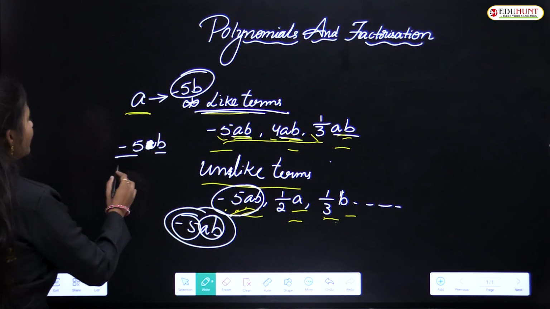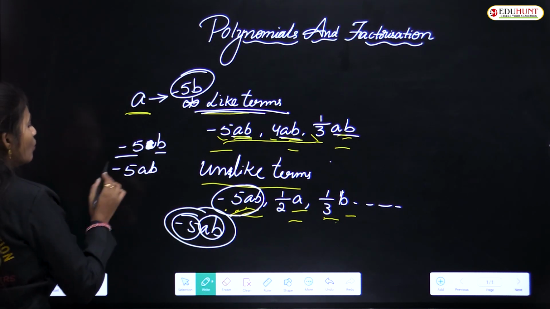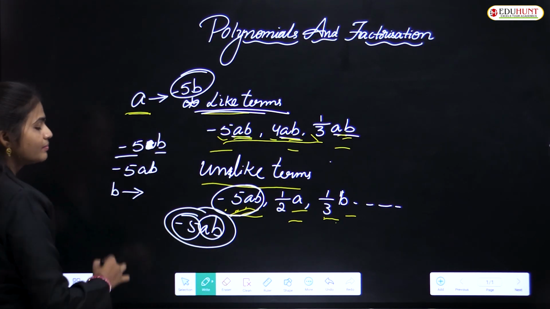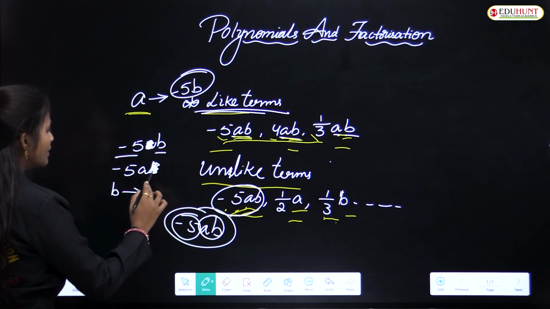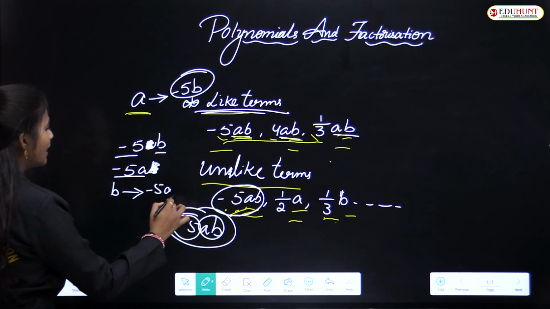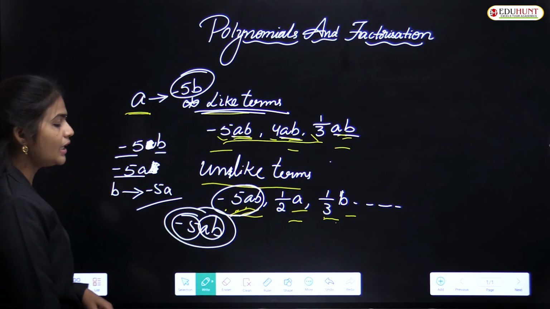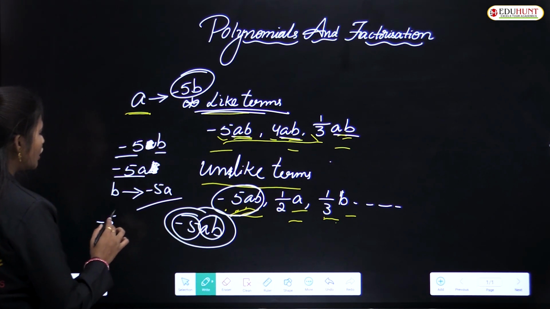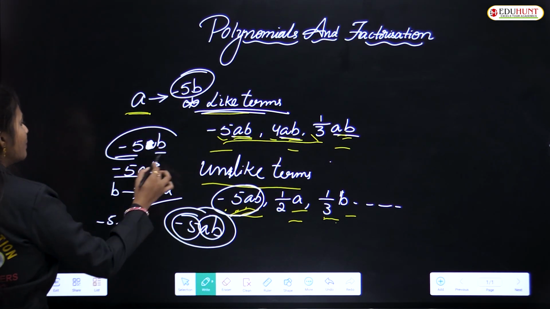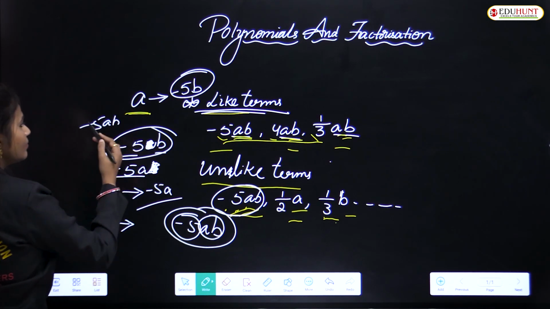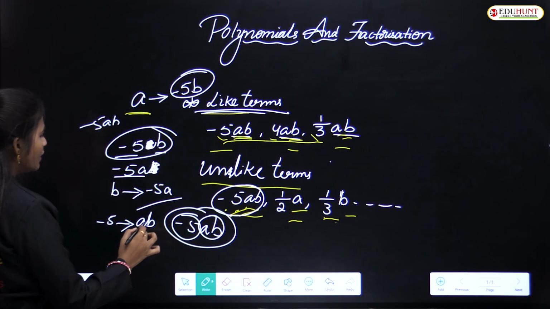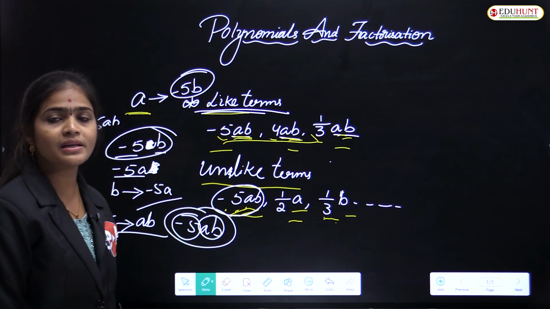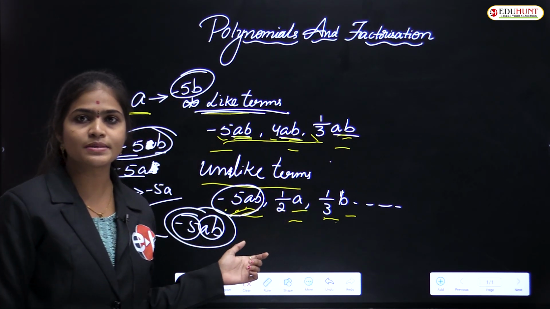For example, in minus 5ab, what is the coefficient of b? The leftover one, minus 5a, is the coefficient. And in the same way, what is the coefficient of minus 5 in the term minus 5ab? The leftover one is ab. So ab is the coefficient of minus 5.